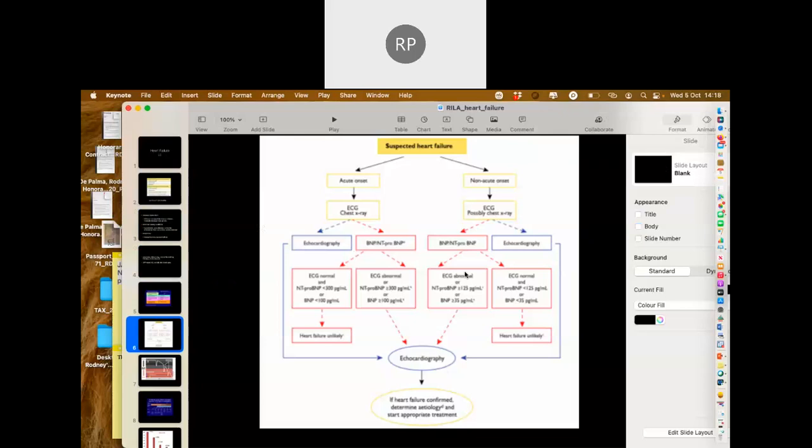just got yourself as a clinician and the patient in front of you without any advanced imaging capabilities such as echo or anything beyond that. Then it's a good idea to do a 12-lead ECG and obtain a chest X-ray. If you have a normal chest X-ray and a normal ECG, it's highly unlikely that you have heart failure.